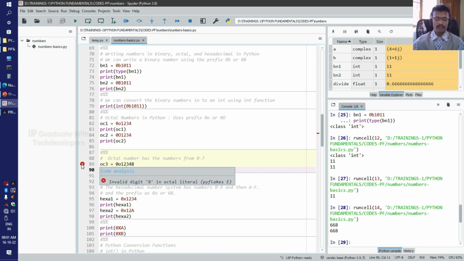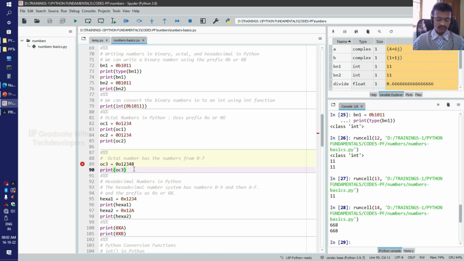So here already the Spyder editor is showing the invalid digit. The code analysis is showing an error, invalid digit 8 in octal literal.